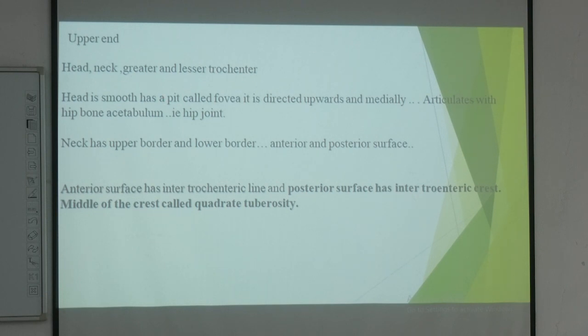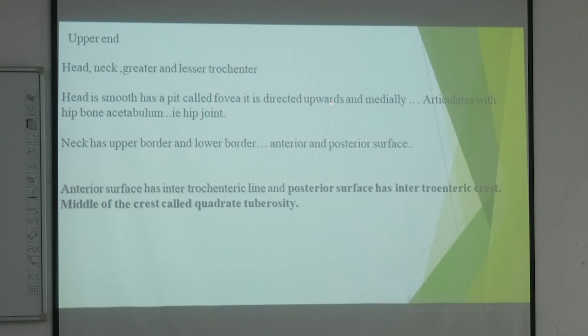The head is smooth, and on its medial side it has a dent, or a pit. We call this pit the fovea. A ligament, the ligament of the head of the femur, is attached to it.